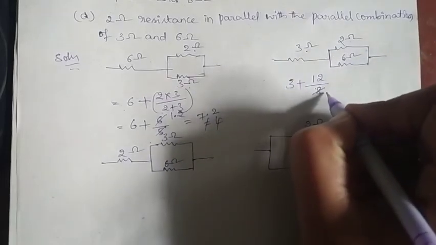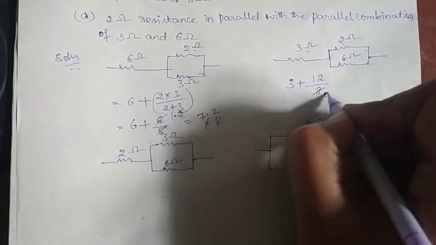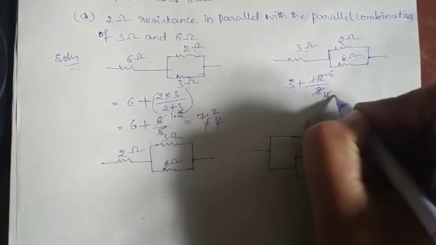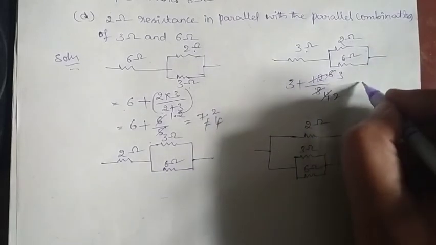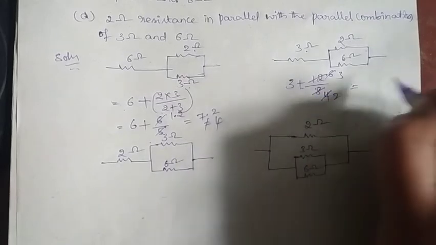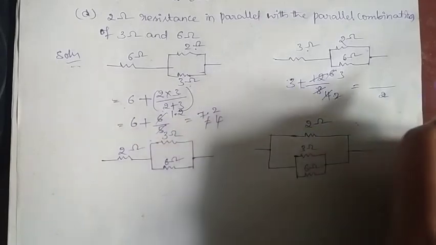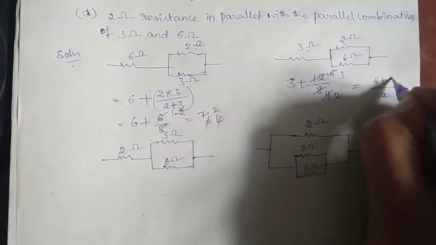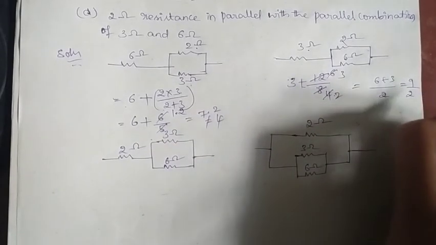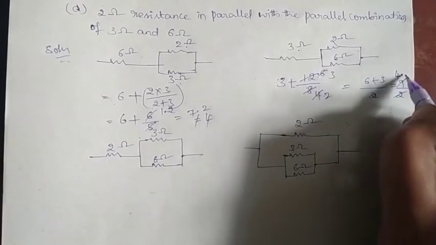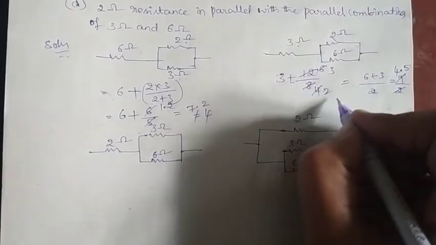That is 3 plus 12 by 8, which is 3 plus 1.5, giving 4.5.